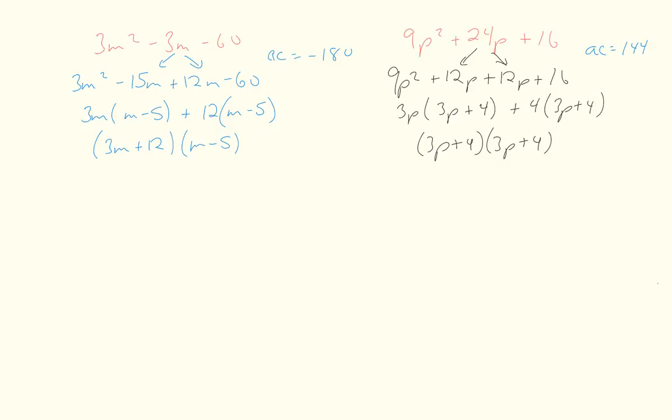Now I do notice that over here, 3m and 12, inside this factor I have a common factor. So I have to take that out. I'm going to take a common factor of 3 out of that. And it will be 3m plus 4 and m minus 5. And I do notice on the other side here that I have the same thing twice. So maybe I'll just write it that way.